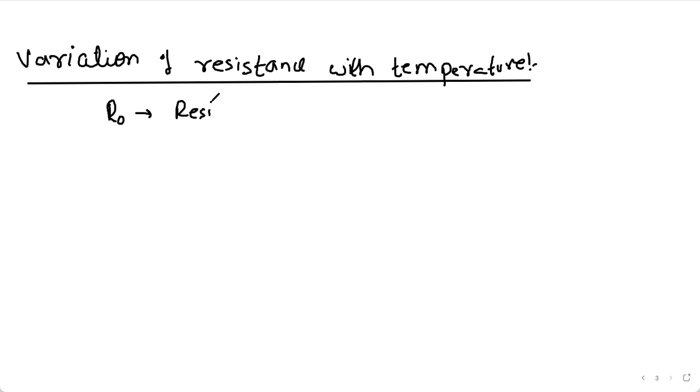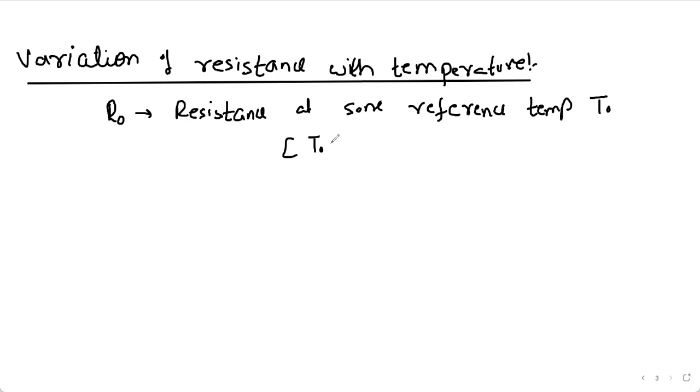R naught is the resistance at some reference temperature T naught, and that reference temperature is usually 0 degrees Celsius or room temperature. So this is a temperature at which you know your value of resistance. You're supposed to calculate resistance at some temperature T.